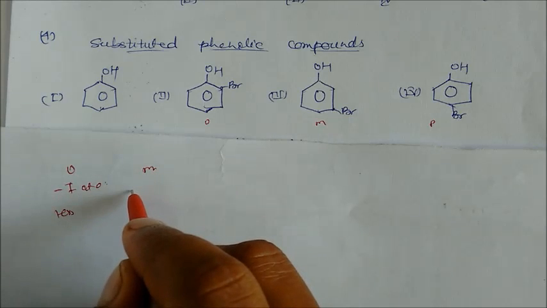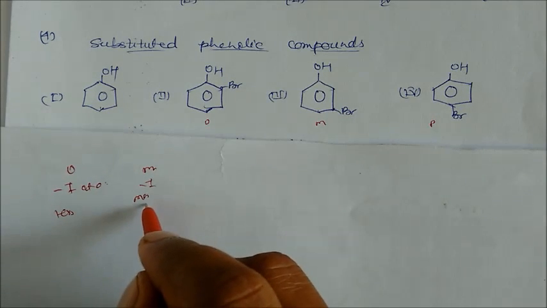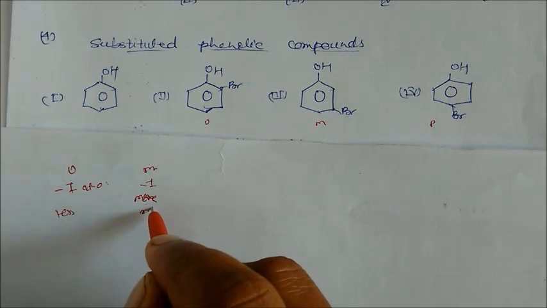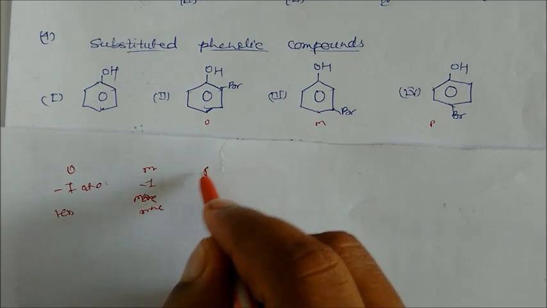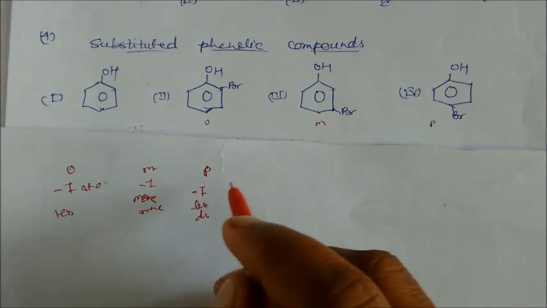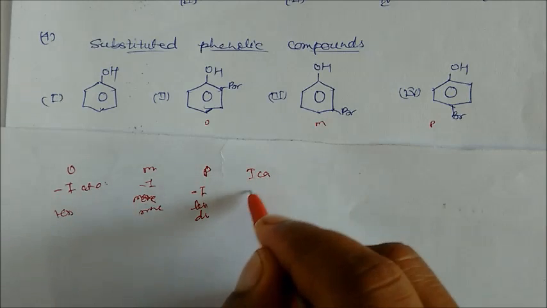In the case of meta position, this is your minus I effect, but more distance. And in the para position, minus I effect but less distance. And this first case is your standard.